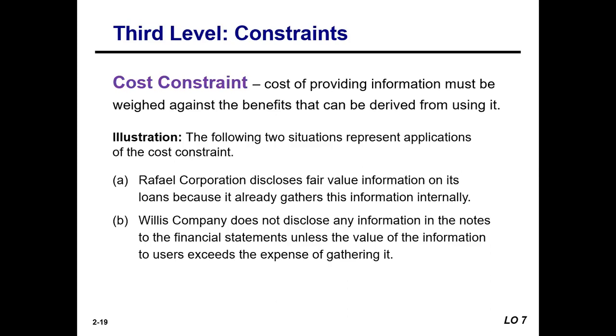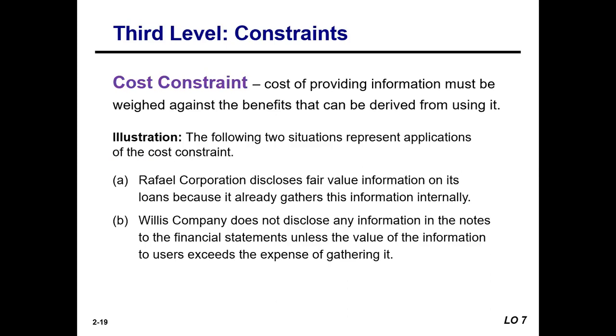So, if it would constitute a large, costly endeavor that wouldn't make much of a difference as far as decision making, then we don't. If the cost outweighs the benefits of it, right, then that's a cost constraint.